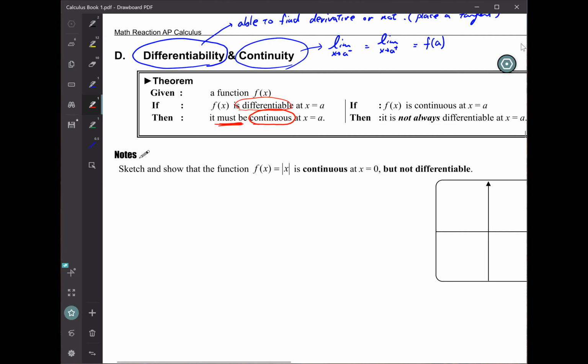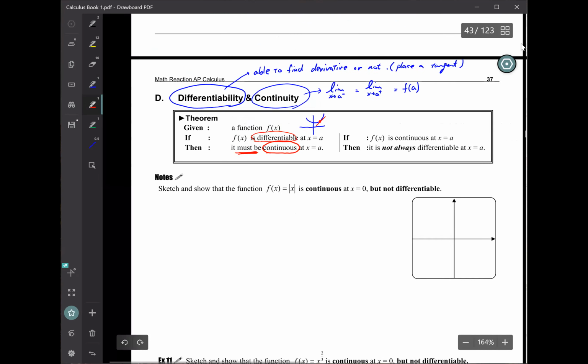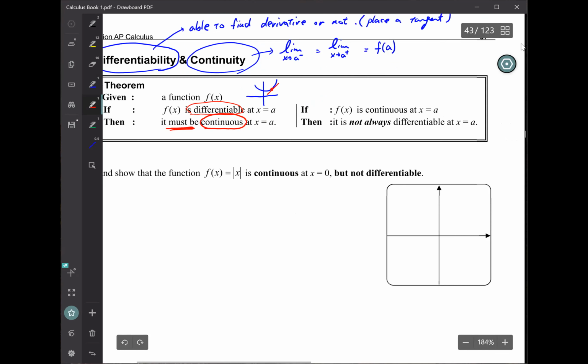I think this is easier to understand, right? For example, if I draw a graph and I'm able to place a tangent, let's say here, that means at that point you shouldn't have a gap. Because if you have a gap, how can we place a tangent? If you already have a tangent there, that means that place has a point. It doesn't break.